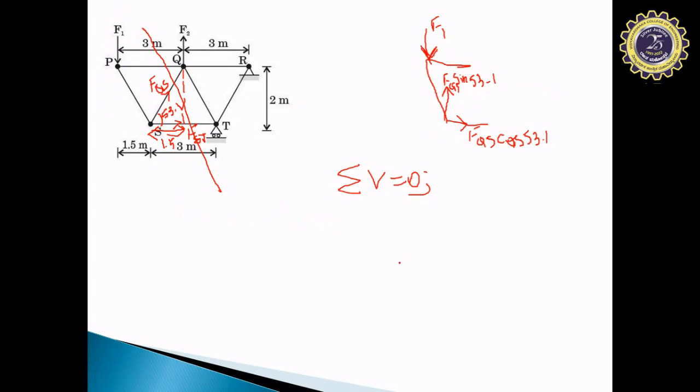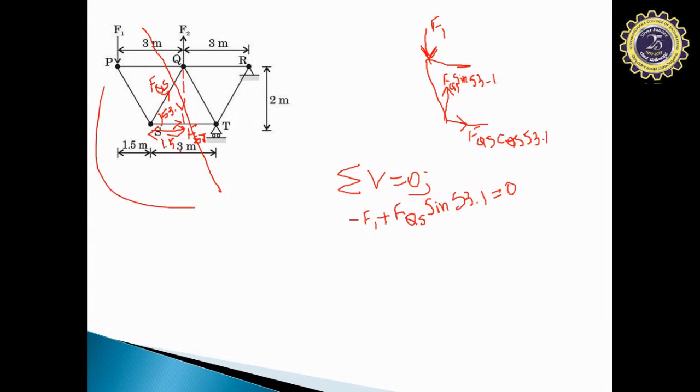So by applying sigma V equal to 0, minus F1, that is nothing but 9 kilonewtons, plus FQS sin 53.1 will be equal to 0.